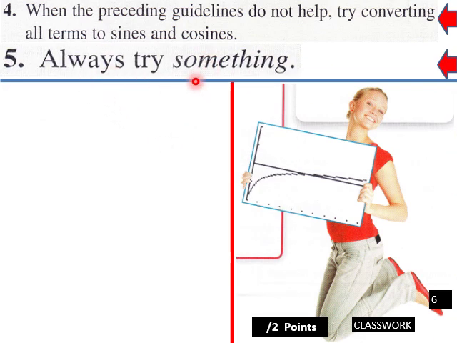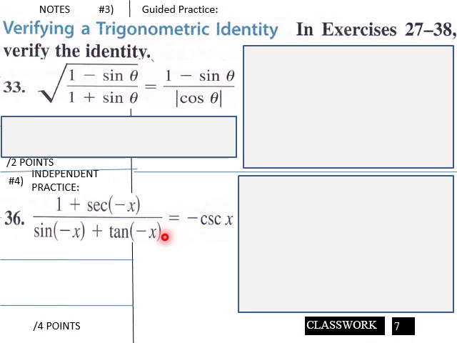And 5, always try something, just don't stare at it. I mean, break it down, deconstruct it. Let's try this now. Verify the identity for 33 and 36. For this one, you have the radical of 1 minus sine theta over 1 plus sine theta equals 1 minus sine theta over the absolute value of cosine theta.